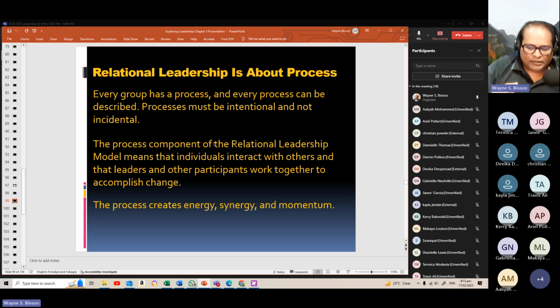When things are developed in a process orientation, it becomes something that we intend to happen, not something that is happening by chance. That's a really important thing. The relational leadership model is process oriented, because the outcomes that we're looking for are intentional and not incidental or coincidental.